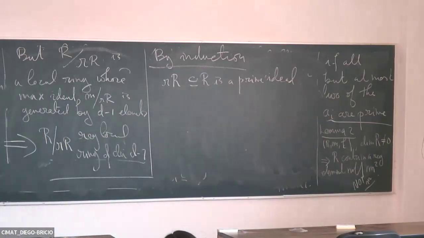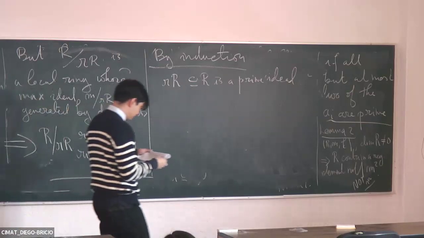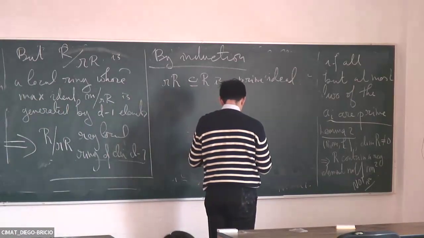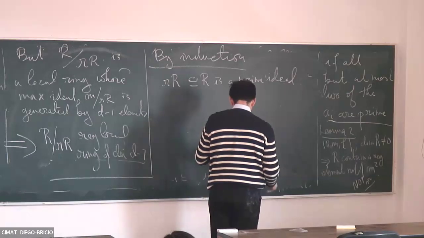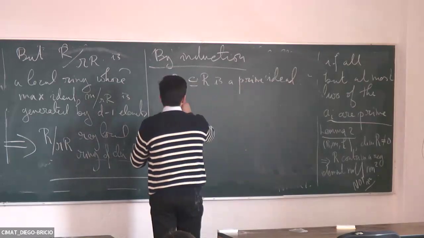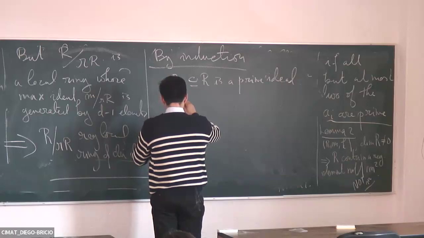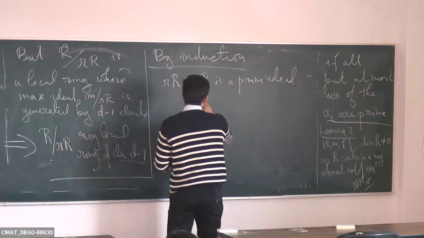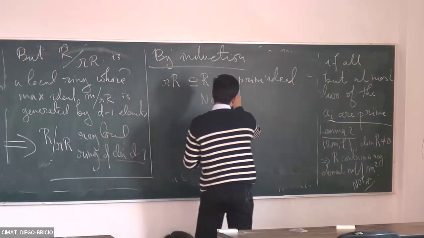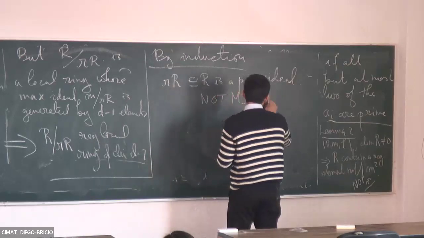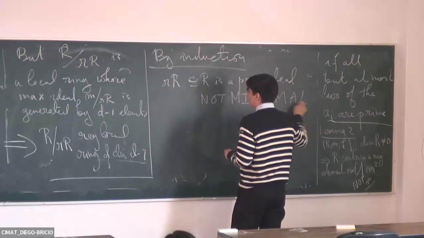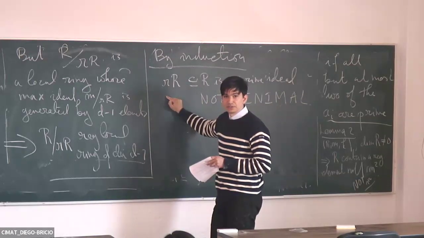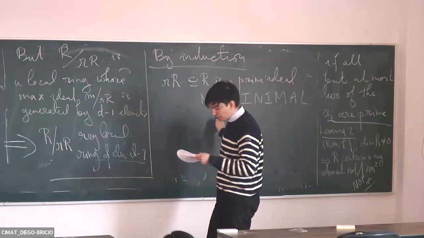Let me get my chart. It's a prime ideal, and it's not minimal. We started with this, right? R is a non-zero divisor, so it has to avoid all minimal primes. So it is not minimal.